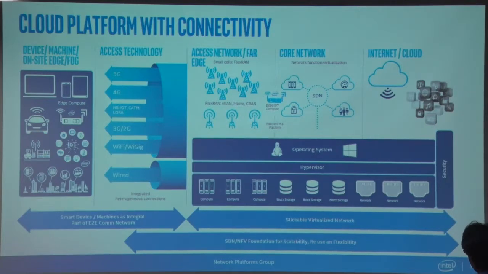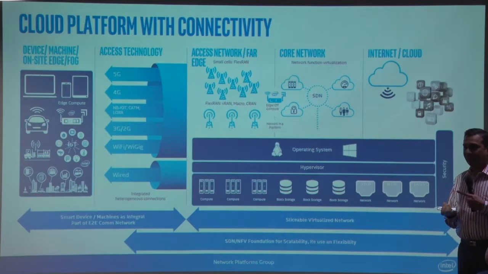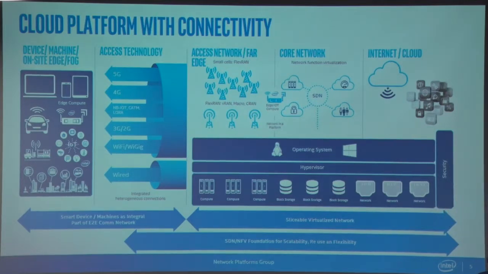You need some basic ingredients on that platform: compute, networking for communications, and storage. How you mix and match these ingredients needs to be determined at the time you build the platform or at the time you want to deliver the service.